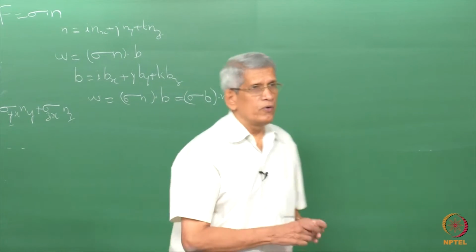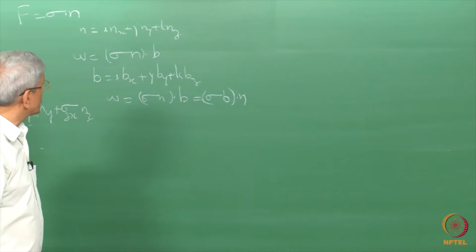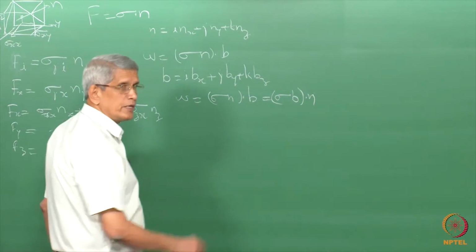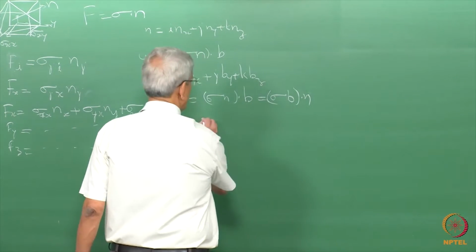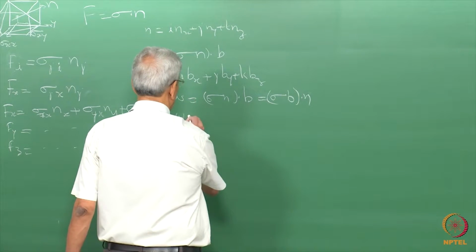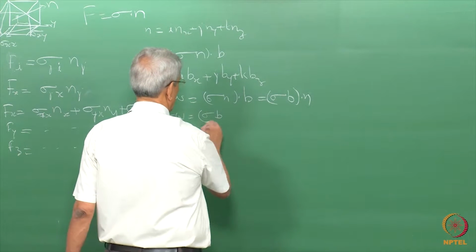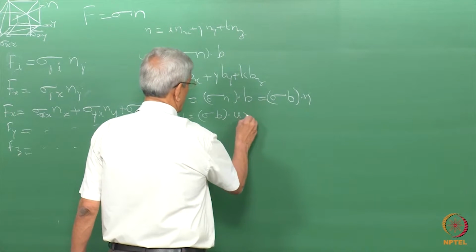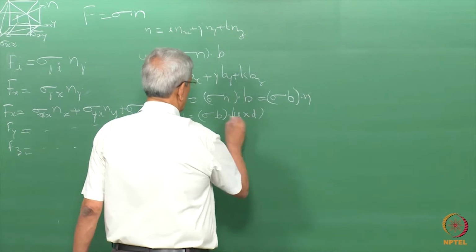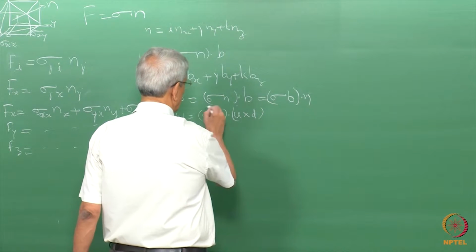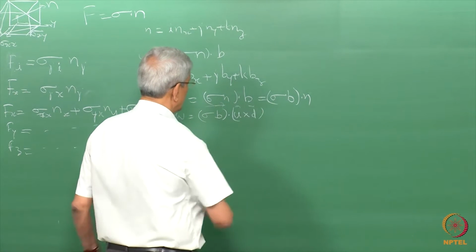Now we have written n to be equal to u cross d. If we substitute in this, now this is a vector, correct?